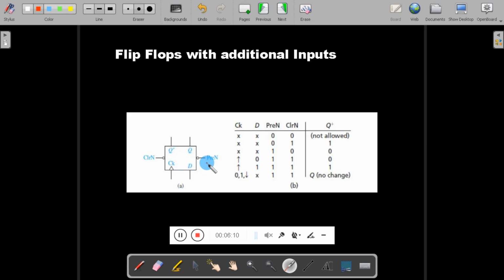This is called an active low signal. It is required to set or reset the flip-flop. Preset and clear signals are used to set or reset the flip-flop. So this is the truth table related to preset and clear.